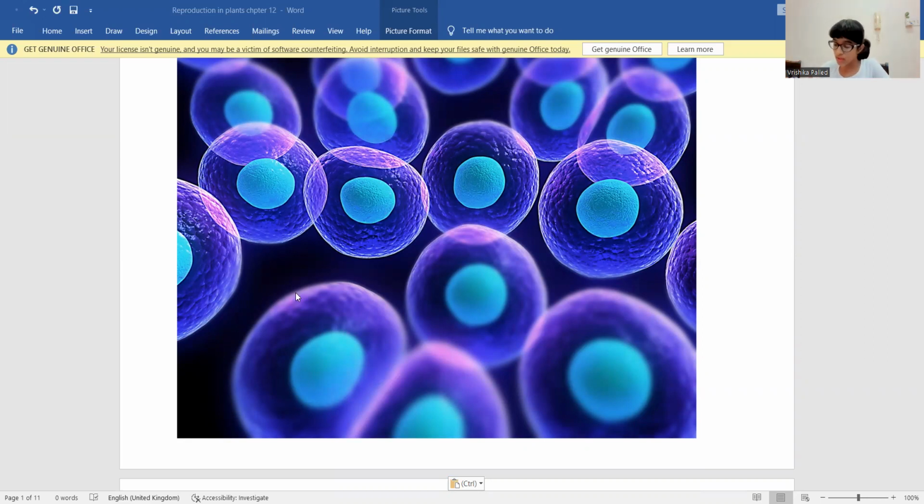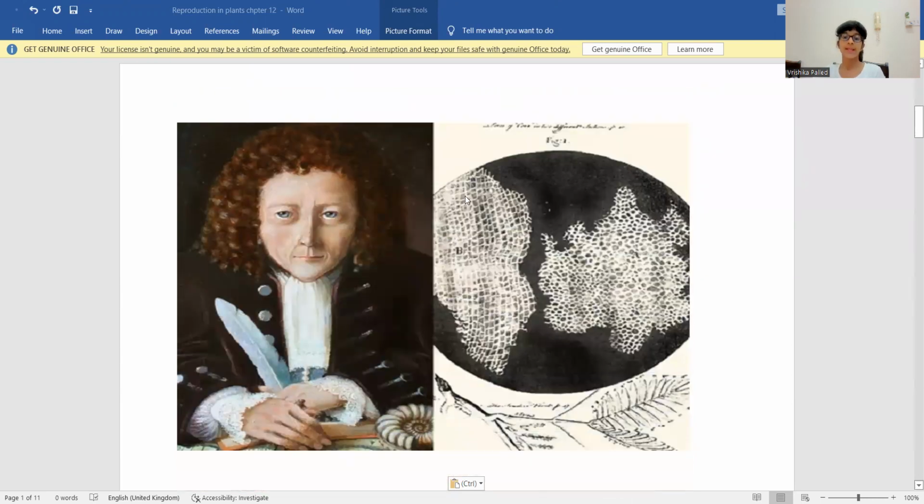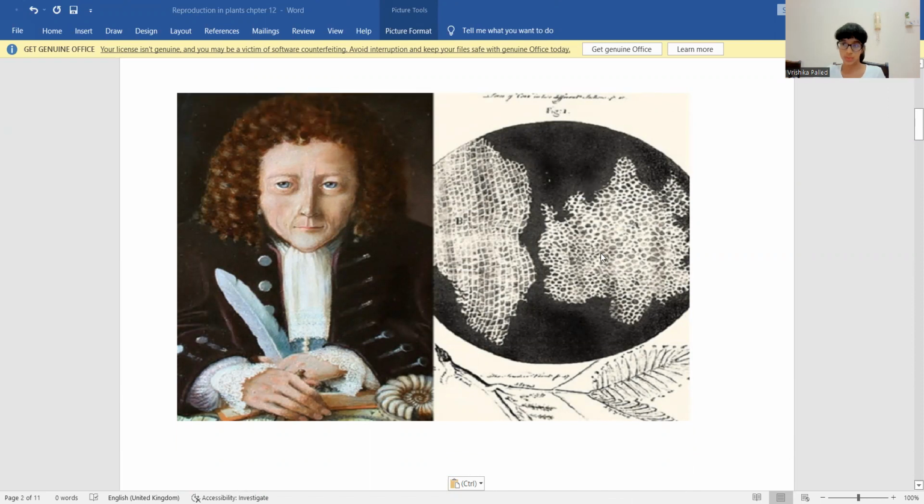He observed that the boxes or cells in the cork were actually dead cells. So he termed them little rooms, which in Latin are known as cells. Thus, the name is derived from the word little rooms. This is Robert Hooke and what he had observed under the microscope.